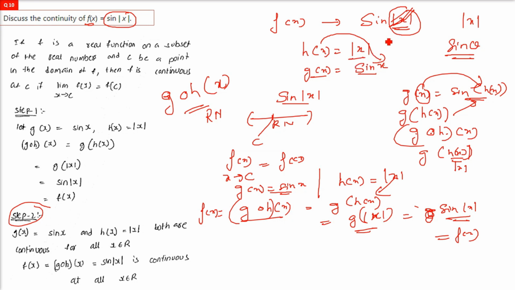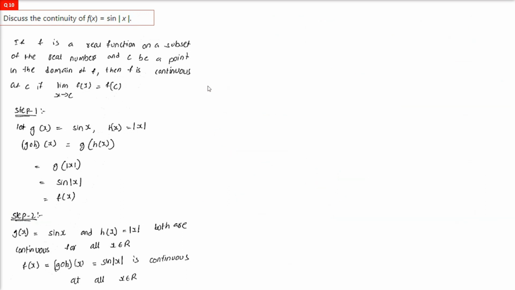Mod x and sine x are individually continuous. So the operation goh, h(x), we proved it to be g operation h(x). So when we prove that this is actually an operation of two different functions, the whole is continuous.